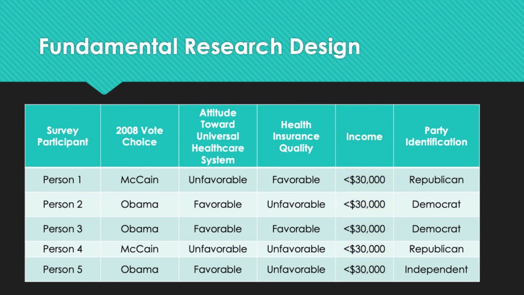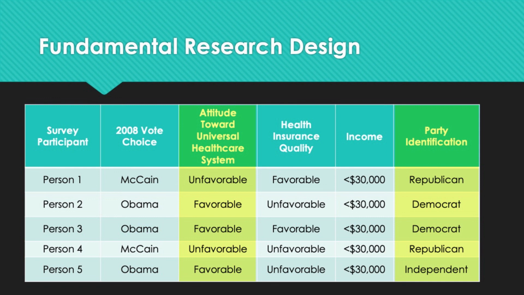How about antecedent variables? Do any of these independent variables occur before the other independent variables? Now, we can determine this by asking ourselves whether one might cause the other and see to what extent that makes sense. So we could just take these two variables, for instance. Would attitudes about universal health care have an impact on which party we identify with?